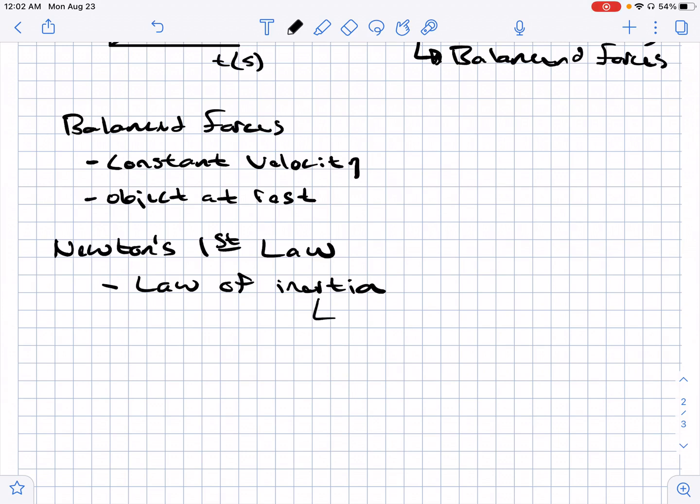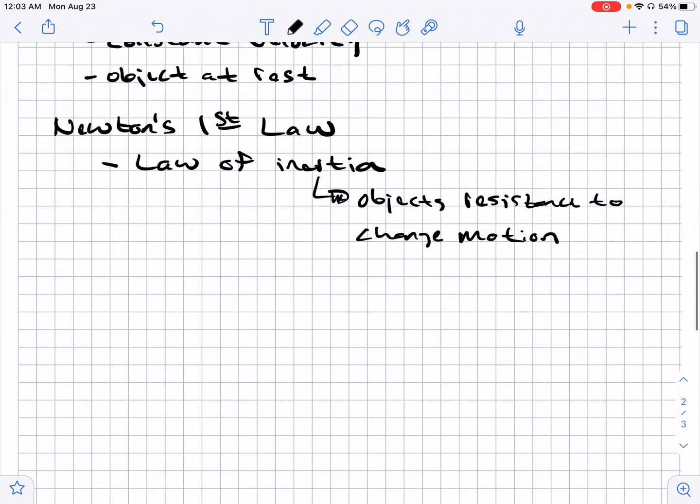Inertia is just an object's resistance to change in motion. And an object's inertia really depends on its mass.